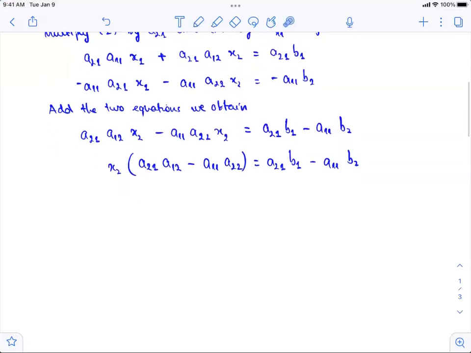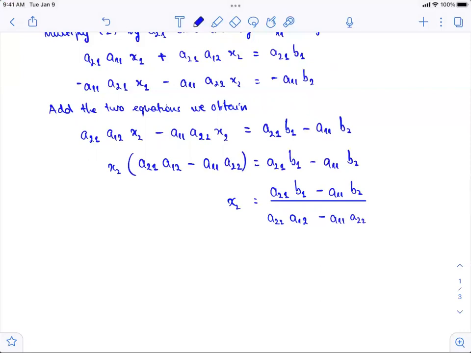You can divide both sides by this term to obtain x2. So x2 is equal to (a21 times b1 minus a11 times b2) divided by (a21 times a12 minus a11 times a22).